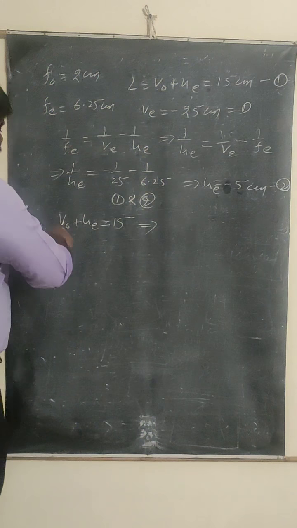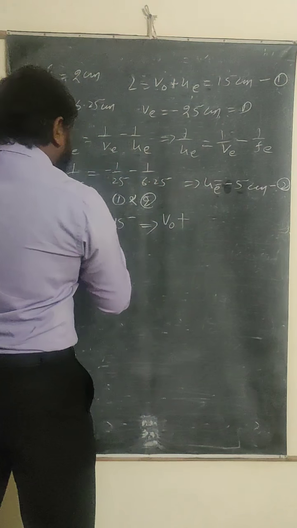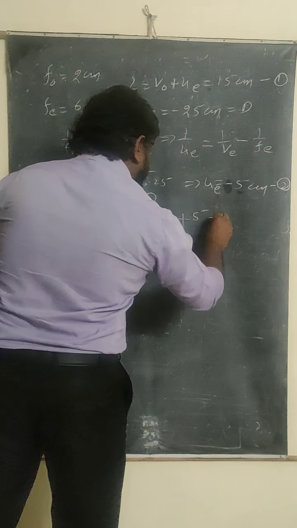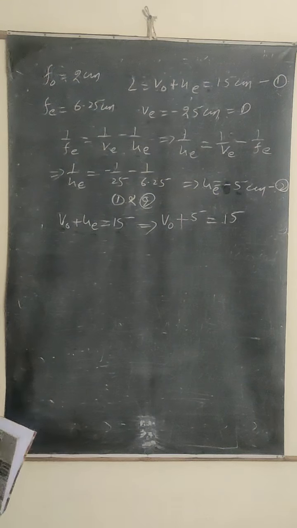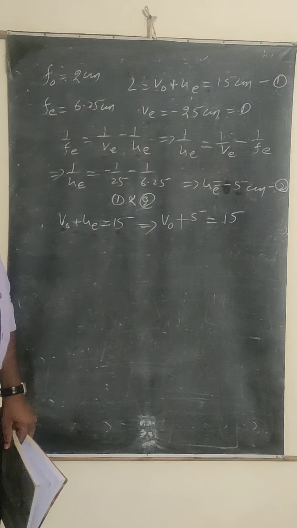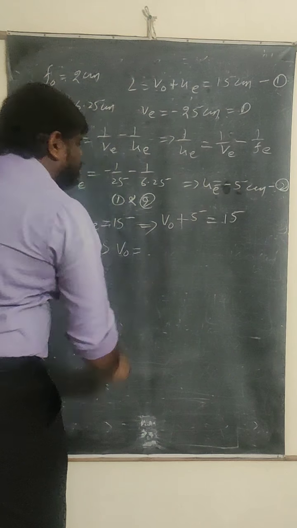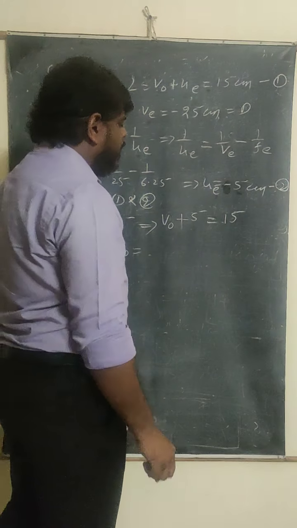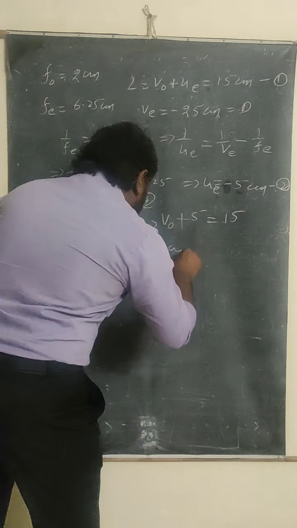Substitute the values: V naught plus UE, which we calculated as 5, is equal to 15. Now V naught is equal to 15 minus 5, because 5 goes to the right side and becomes minus. So you get 10 centimeters.